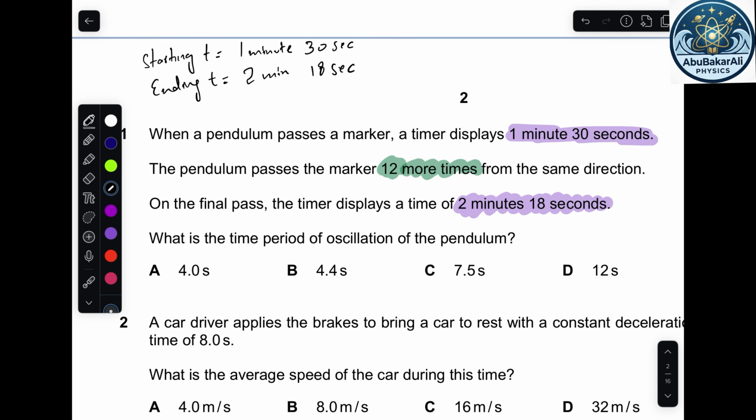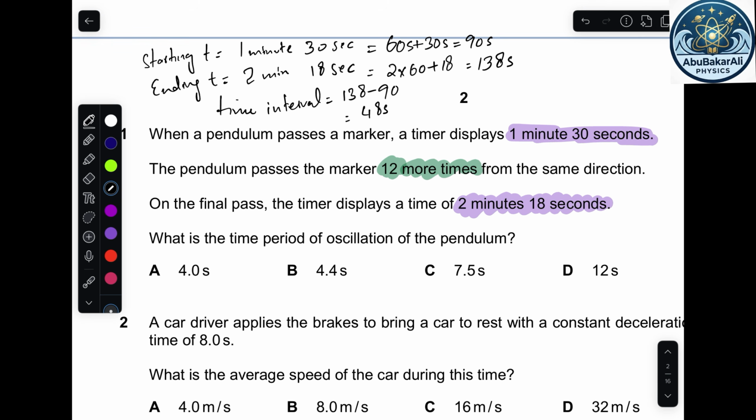If you want to solve it mathematically, you can convert both into seconds. 1 minute is 60 seconds, so 60 plus 30 gives you 90 seconds. And 2 minutes and 18 is 2 times 60 plus 18, that is 120 plus 18, which is 138. So the time interval is 138 minus 90, which gives you 48 seconds.